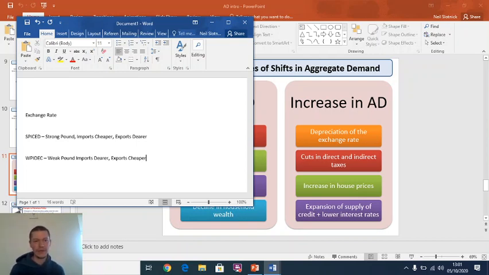Tick that through, 130, 260, 390, just to get £3, okay? So that means that the exports are dearer. There will be less money flowing into the British economy. That depreciation of the exchange rate talks about the situation of WEAK, a weaker pound, imports become dearer because we've now got to spend more pounds to get the foreign currency to buy the import.